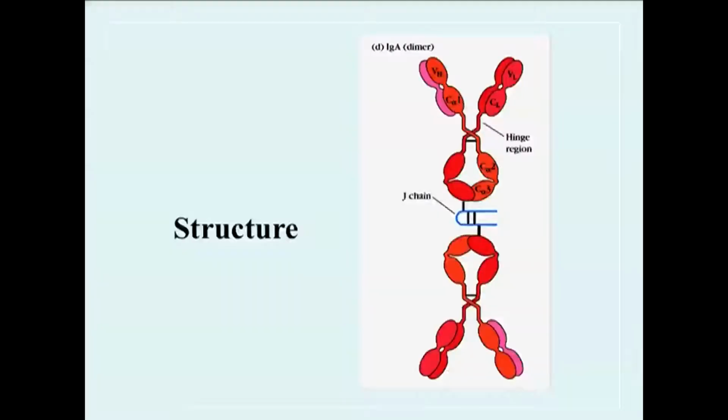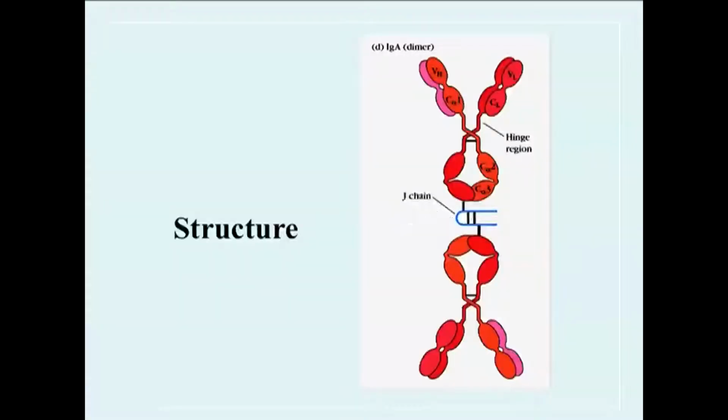IgA can be found in its monomeric form, or it can be found as a dimer or trimer or a tetramer. In its dimeric form, two IgA molecules are joined together by a J chain, just like pentameric IgM. The J chain is bound to the terminal CH3 domains via cysteine interchain disulfide linkages.